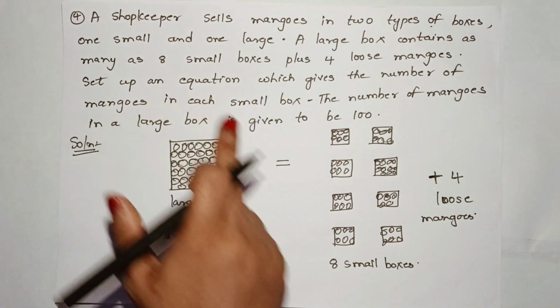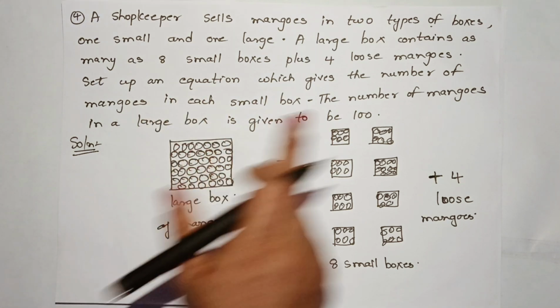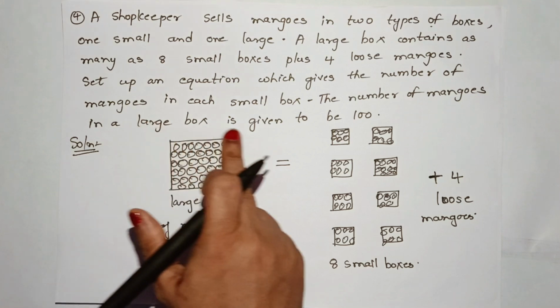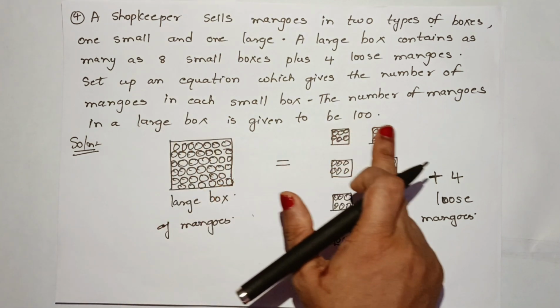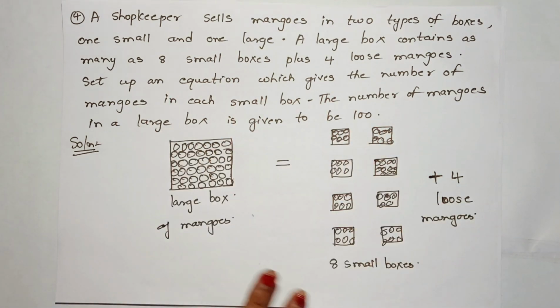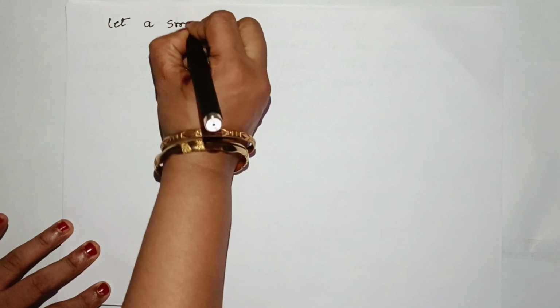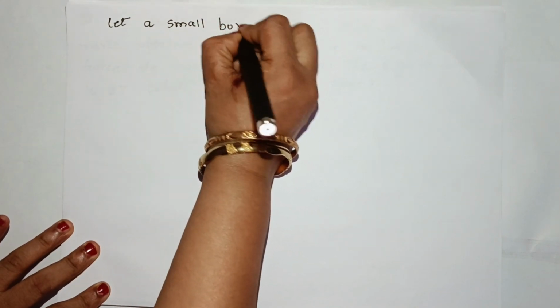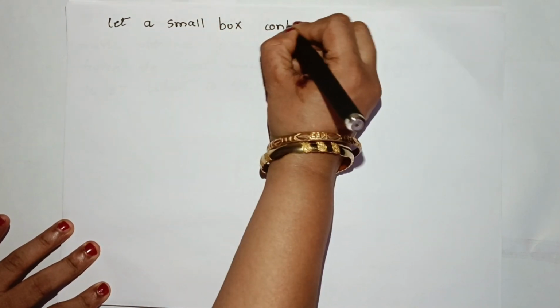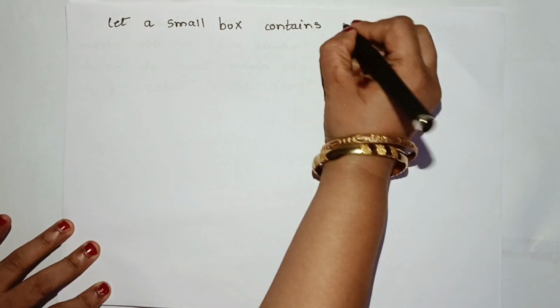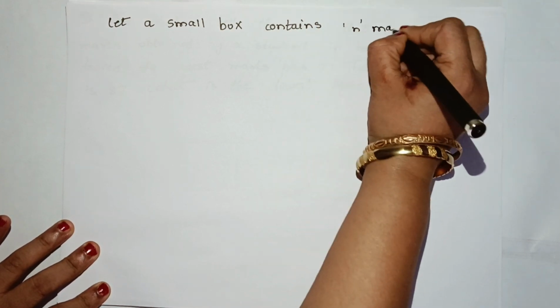So how many mangoes are there in the large box? The number of mangoes in a large box is given to be 100. Now let's see how to solve. This sum is quite important. Now let a small box contain n mangoes.